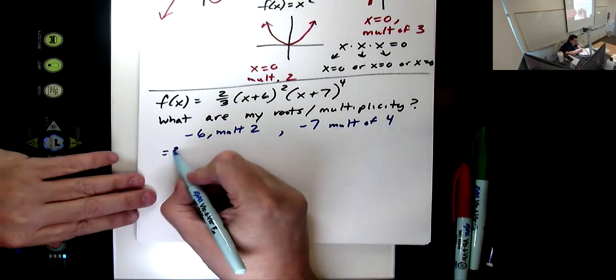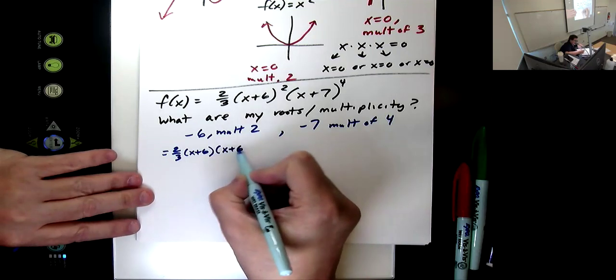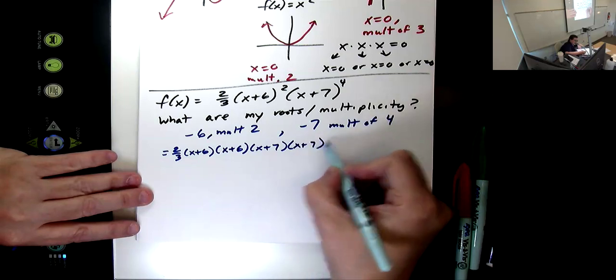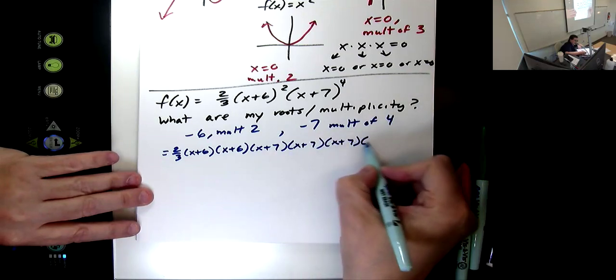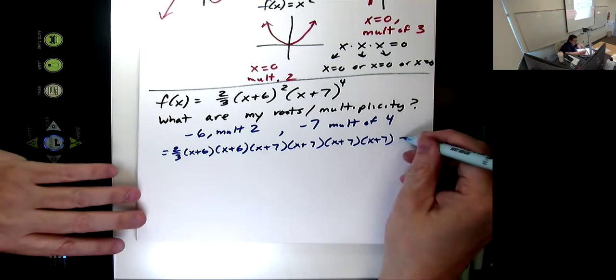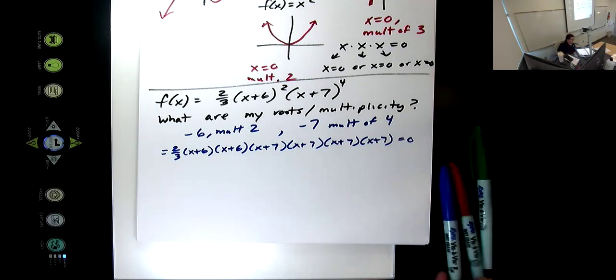Because that is 2/3, x plus 6, x plus 6, x plus 7, x plus 7, x plus 7, x plus 7. And if I set it equal to 0, -6 shows up twice, -7 shows up 4 times. So if you've got it written with exponents on the parentheses, it's really easy to see what the multiplicity is.